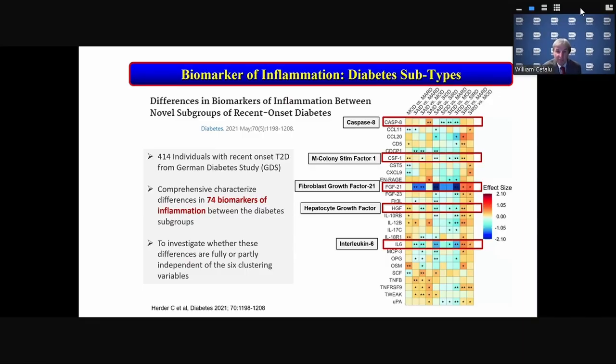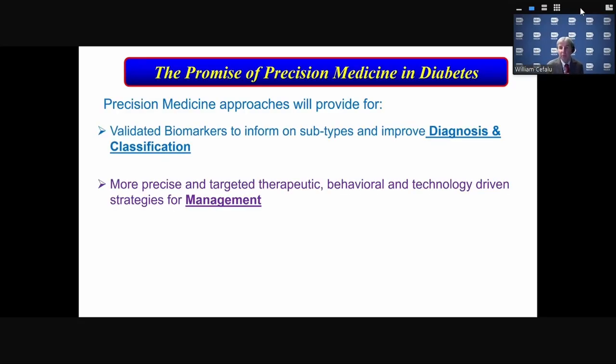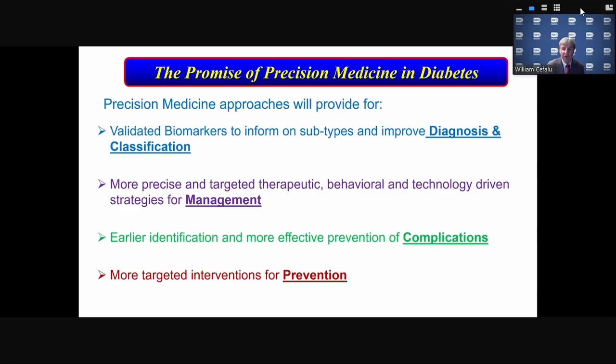Now, up to this point, if we can define heterogeneity better and move to a precision medicine approach, you can imagine this will help us with diagnosis and classification, will help us moving forward with better management strategies, would help with more effective prevention of complications, and more targeted interventions for prevention.